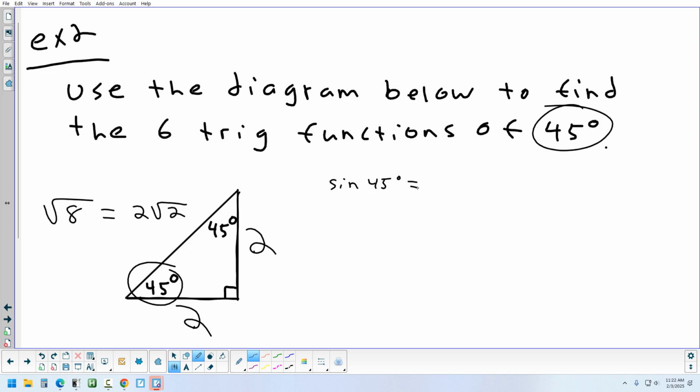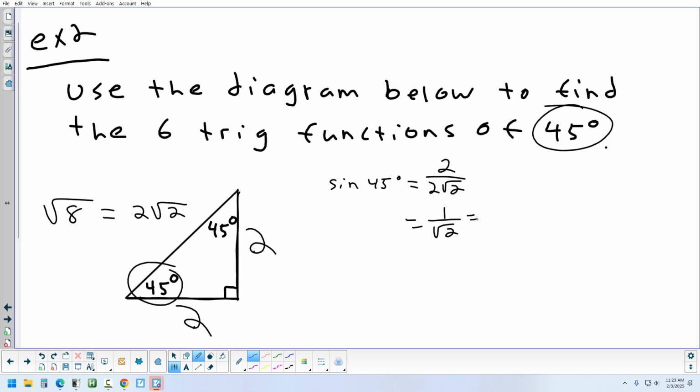Okay. What side is opposite the 45? 2. And what's the hypotenuse? 2 square roots of 2. Okay. What's going to cancel out there? So we're going to end up with 1 over the square root of 2. And that's what you would have gotten right away if you use side lengths of 1s. Now we need to fix that.